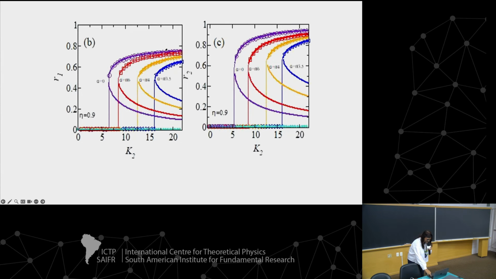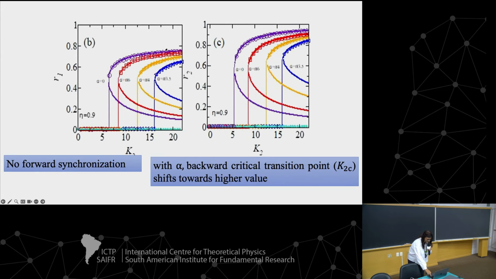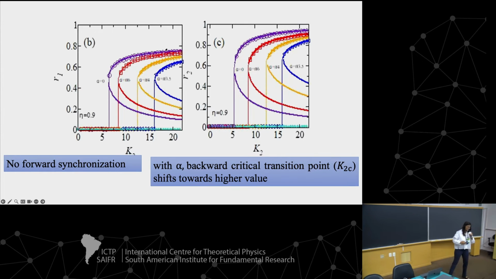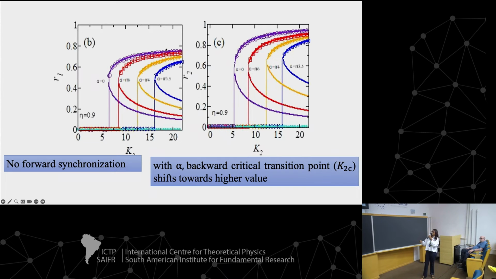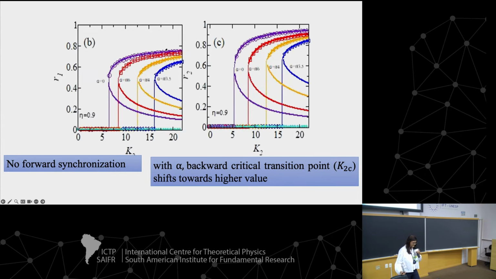With that, I am finishing this part, because I have one small part more for when we have pairwise interactions. So the take-home message: no forward synchronization with alpha, and the backward critical transition point shifts towards a higher value. This is just one result, but the important point is that we get two clusters because of the higher order interactions, and we get rotation because of alpha.